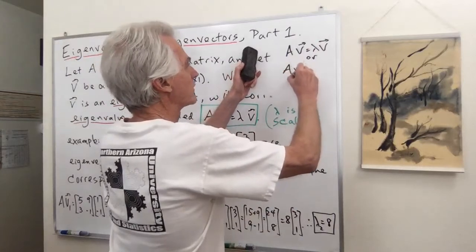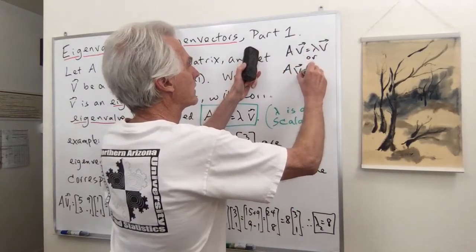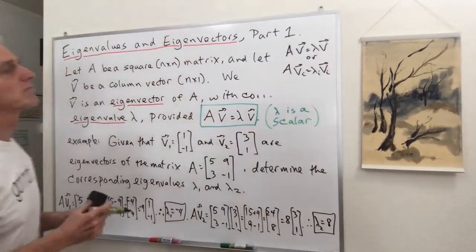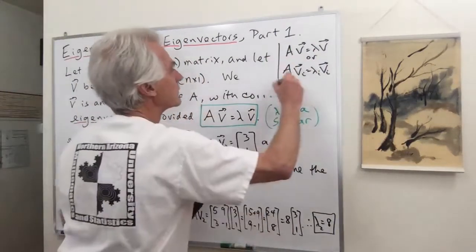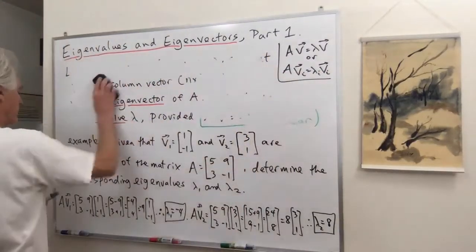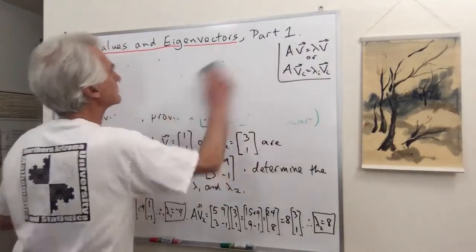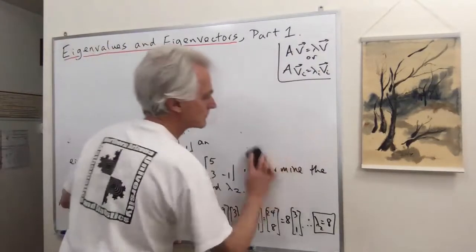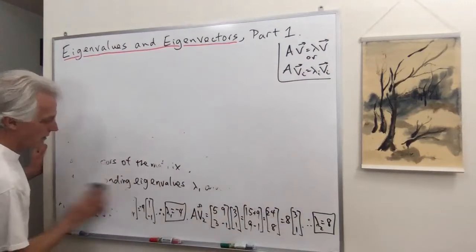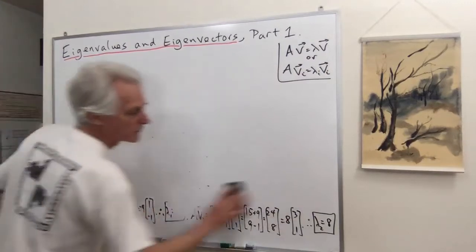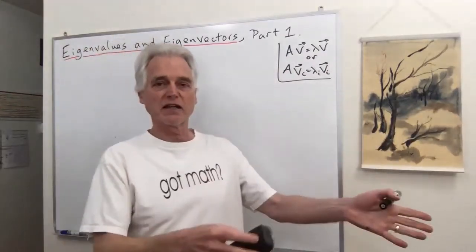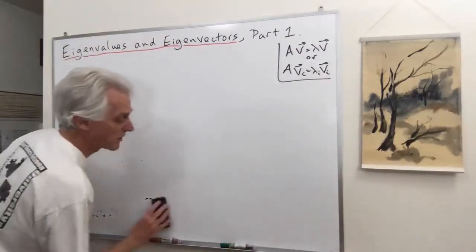So we say A times vector labeled with i is lambda i V i. Another thing that we do in this set is we talk a little bit about how multiplication of a matrix times a vector is a linear operator.